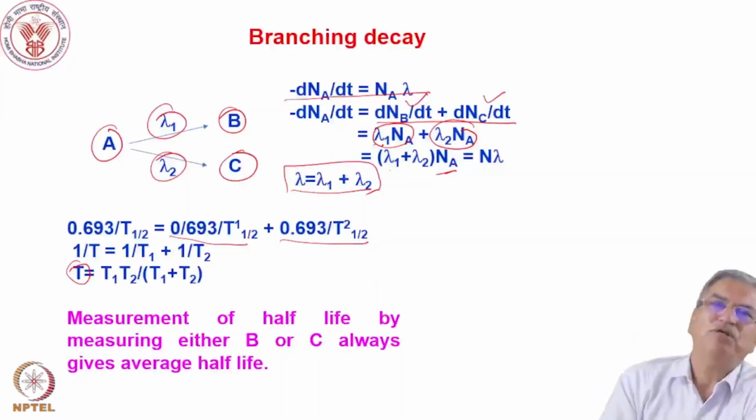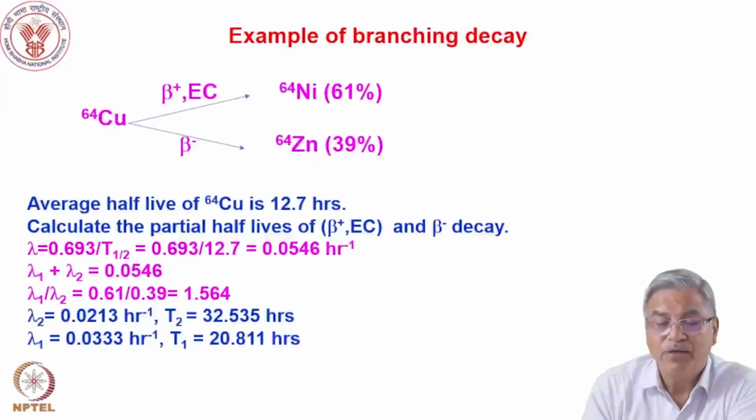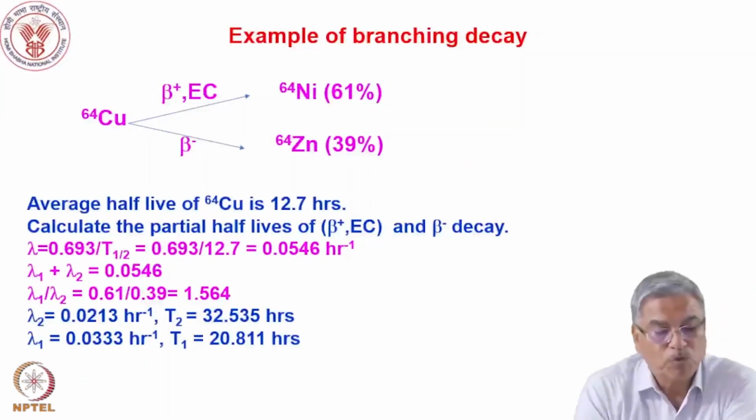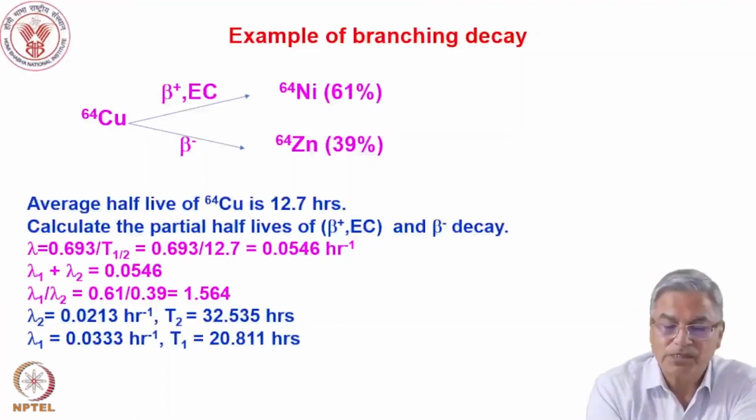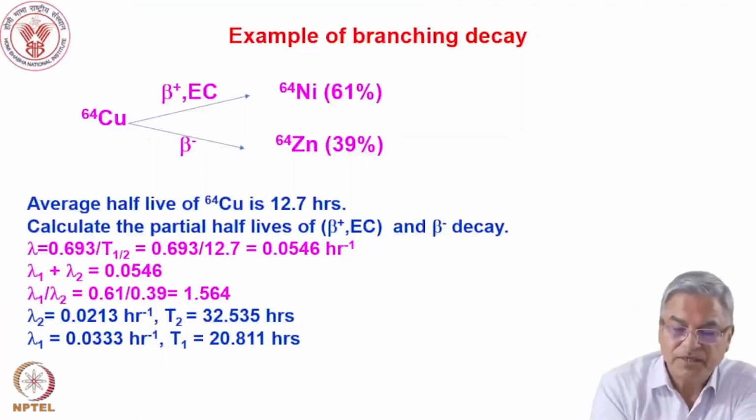So this is important, and I will give you an example with the isotope copper 64. The copper 64, if you recall, I will tell you later on in terms of the masses, can decay by both beta plus as well as beta minus. So in beta plus decay it becomes nickel 64 and in beta minus decay it becomes zinc 64.